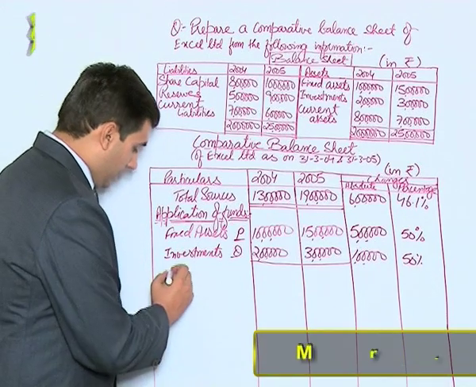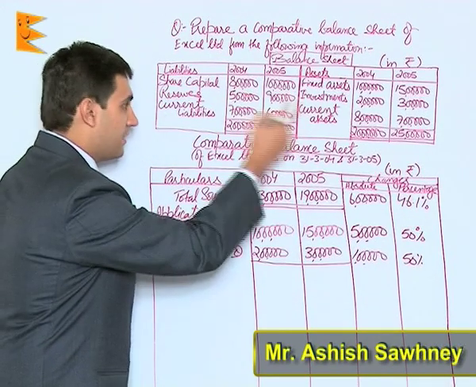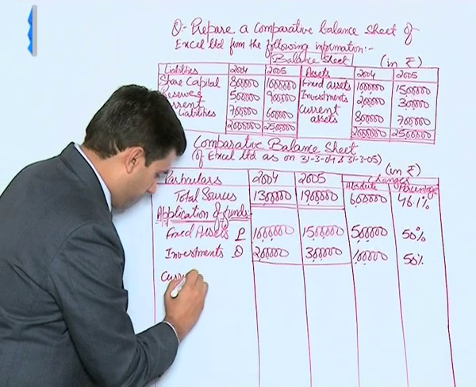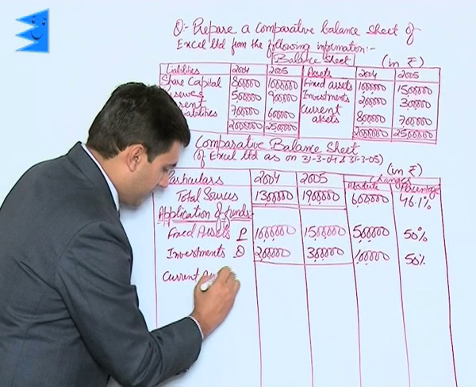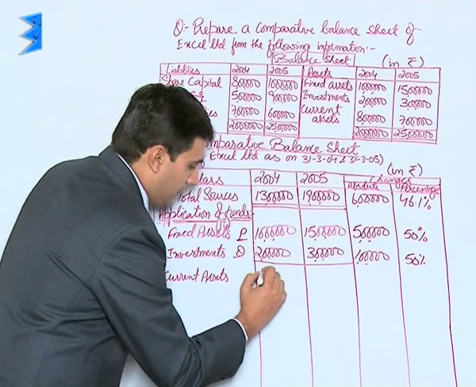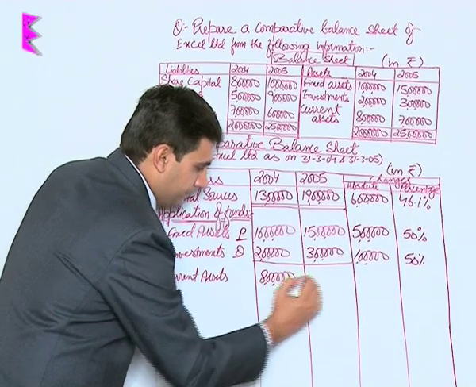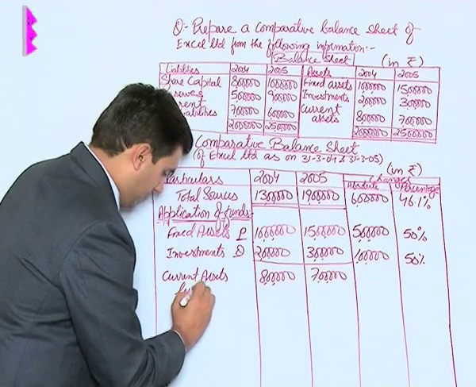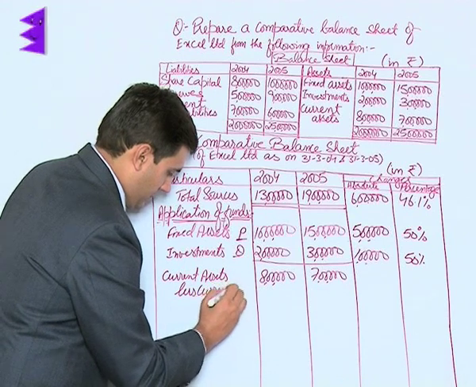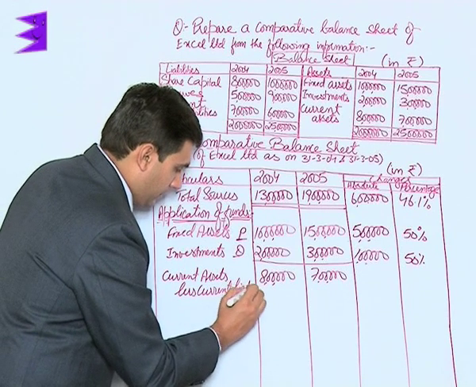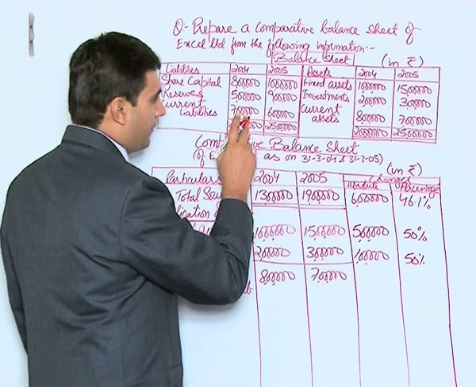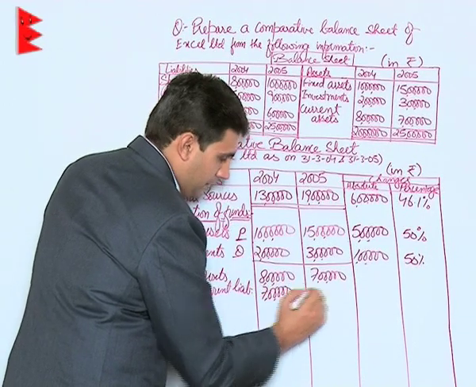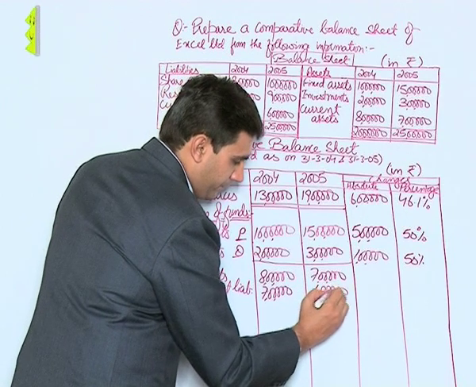Then we have current assets and the current liabilities. So we will write current assets as 8 lakhs and 7 lakhs less current liabilities, which is 7 lakh and 6 lakh for the current year.